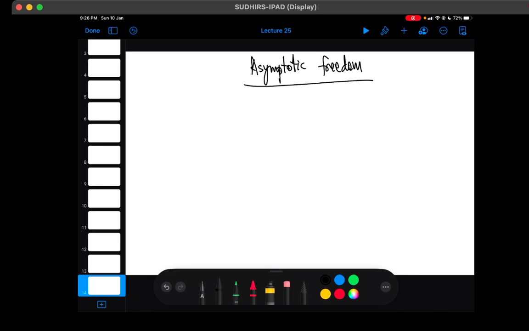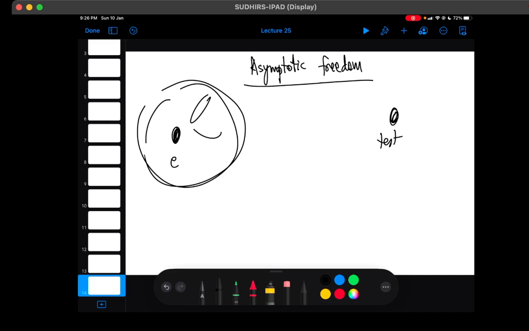If we have an electron here and another test electron sitting there, this produces a cloud of electron positron pairs all aligned here, and so on. Now we want to ask the same question, say for example with the quark.